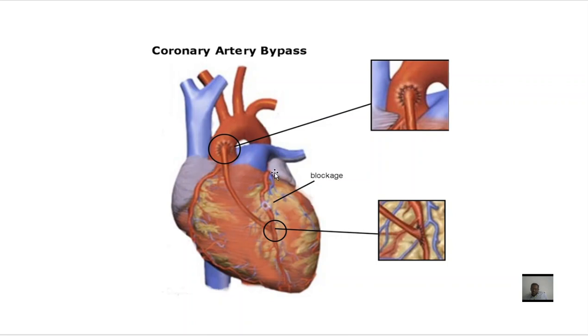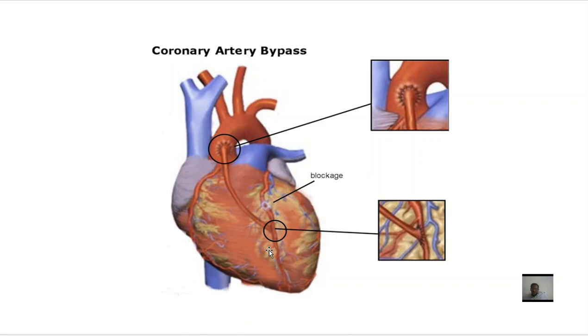In cases where there is a blockage in the blood vessel of the coronary supply, in this coronary artery, because of some pathology, blood will not be supplied to the heart muscle and oxygen will not be supplied to the heart muscle. So heart muscle cells will die because of the non-supply of blood.